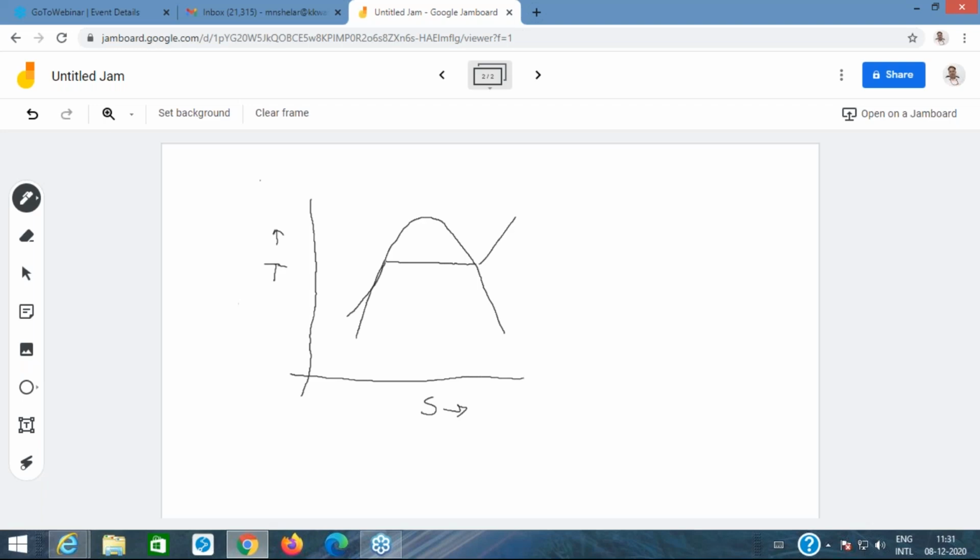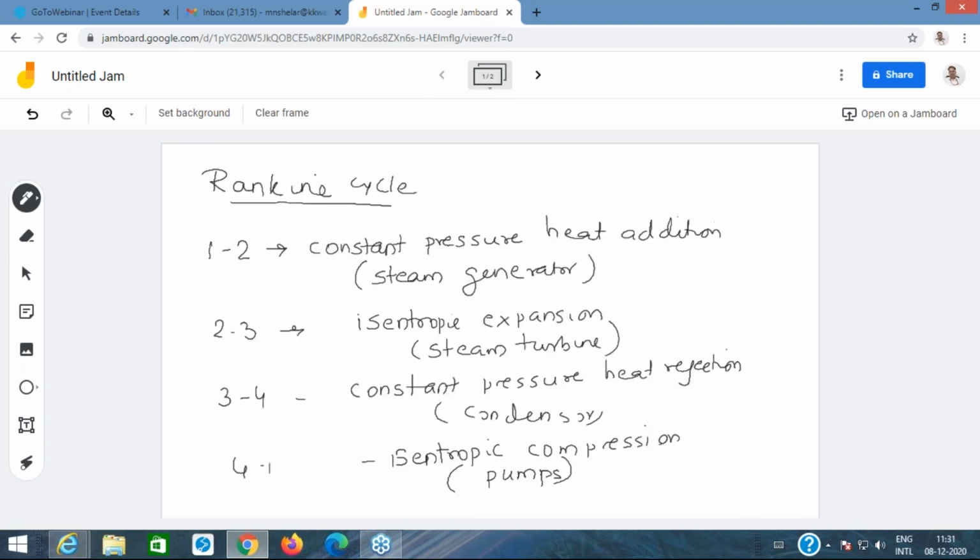Let us say that this constant pressure line represents the boiler pressure. It means that P1 will be equal to P2 will be equal to boiler pressure, right?